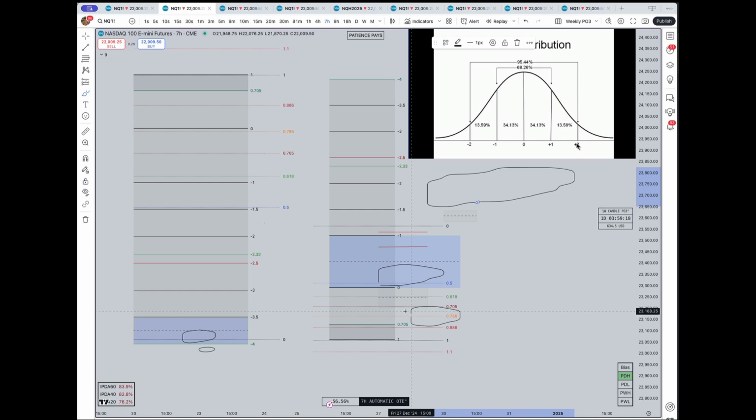Because I said sometimes I enter 3, I take 1. So at this phase I just have a runner. I put another 3, so I increase my position the same size here, but in a premium zone. But I know that it will touch here or really close, and that's worth it, because let's say here to here is another 35 points, 3 minutes with 35 that I say that I will hit for sure.